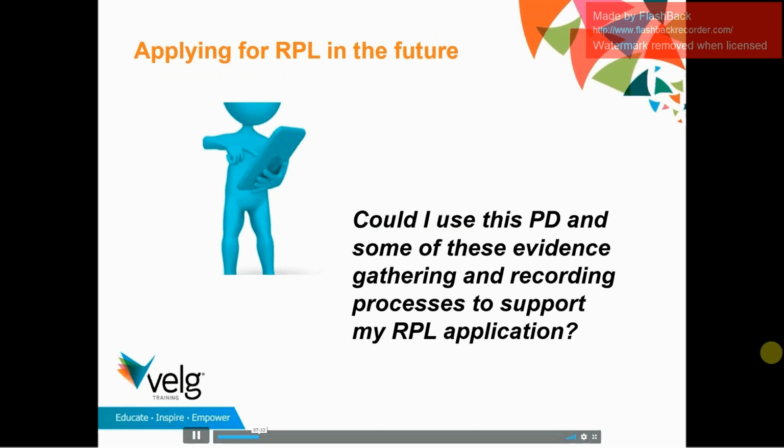Because, again, if you don't actually hold this unit, we do know that it is a core unit in the new TAE 40116. So we're either going to be maintaining our currency, or you may decide that you could put an application in for RPL for this particular unit.